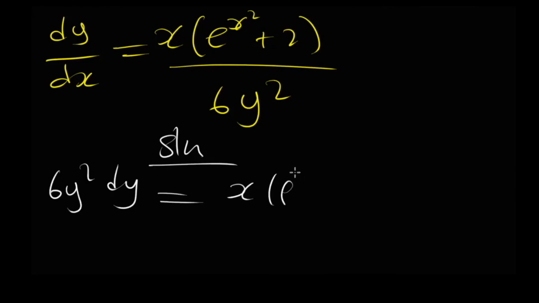So it's e to the x squared plus 2. So then you bring dx, because dx will be multiplying here. I wanted to shift this.